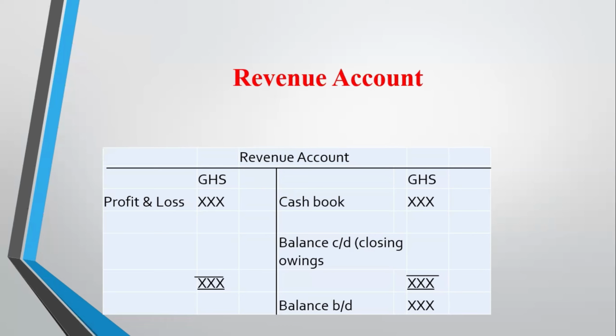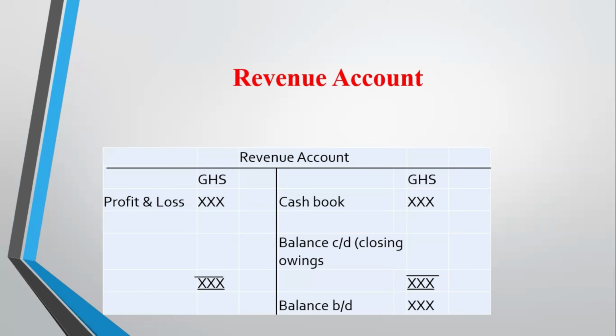When you are balancing this, it is on the debit side of the revenue account, which means when you go to the profit or loss account, it will go to the credit side of the profit or loss account. That is it for the revenue account.